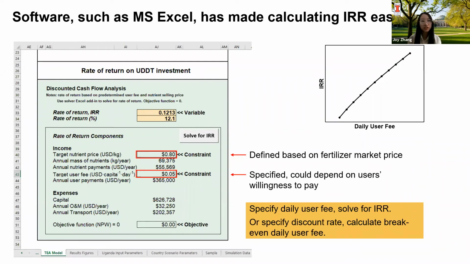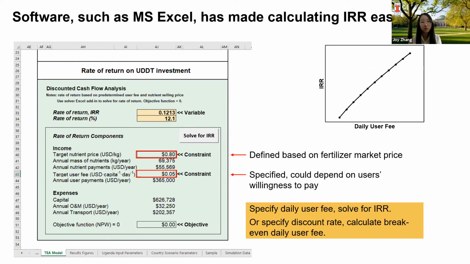And in addition to just using existing parameters and models, we can change a few constraints and see how it affects the IRR it solves. One of the constraints we can consider is the daily user fee, and another one is the nutrient selling price.